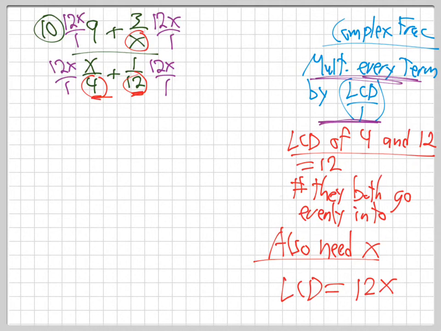All right, so now let's see what we get. So right here, 9 times 12x, what's that? 108x plus. And right here, what happens with 3 over x times 12x over 1? These x's cross-cancel, don't they? 3 times 12 is 36.